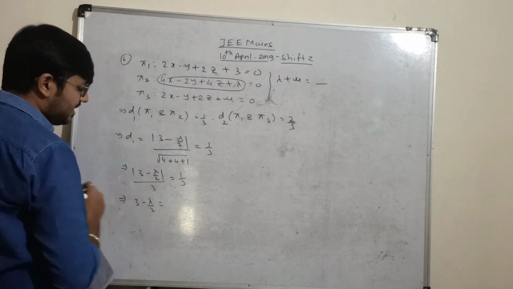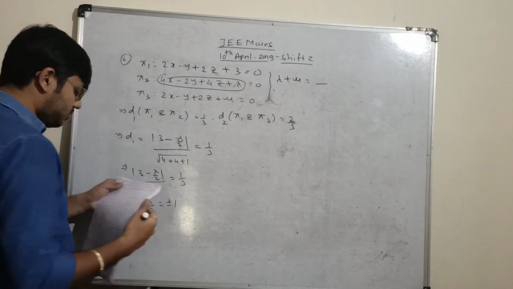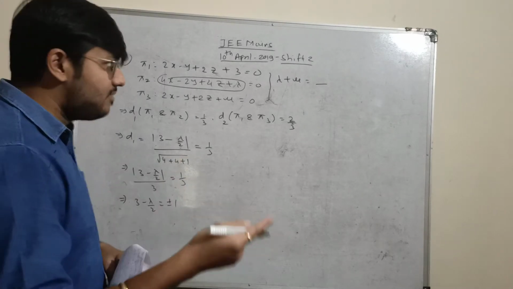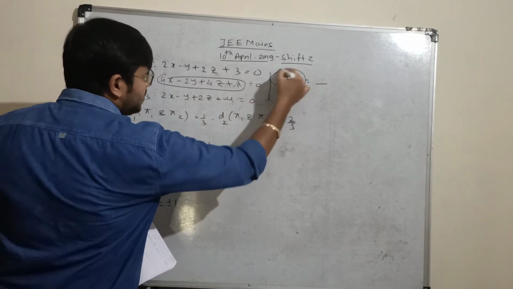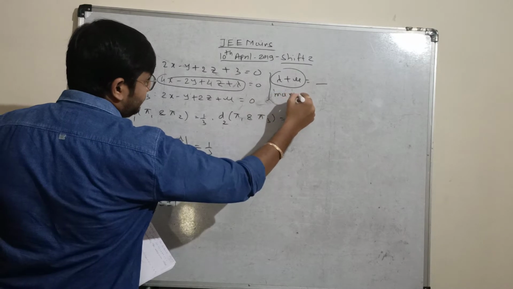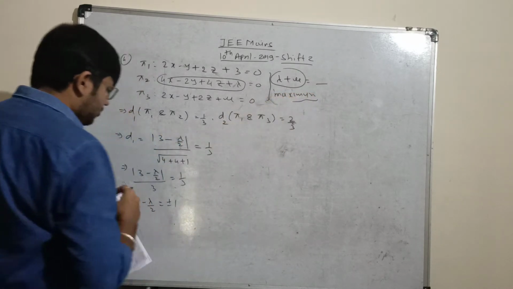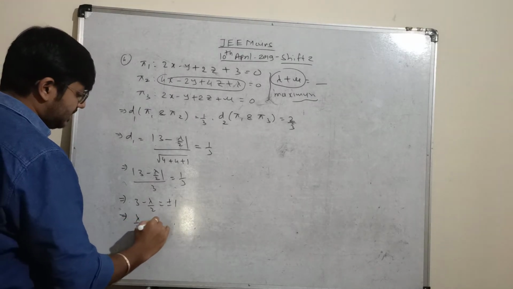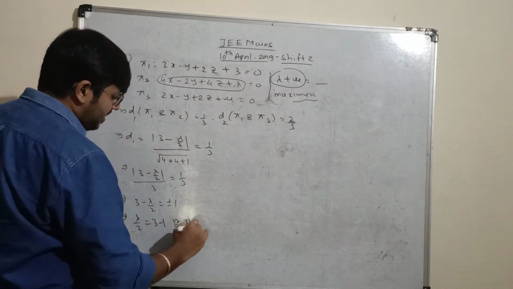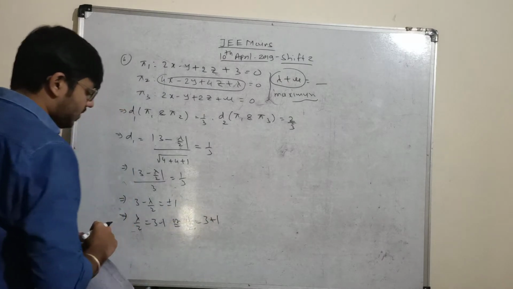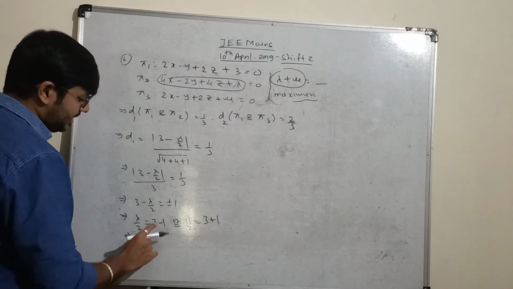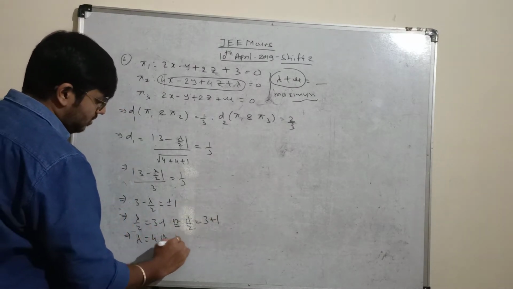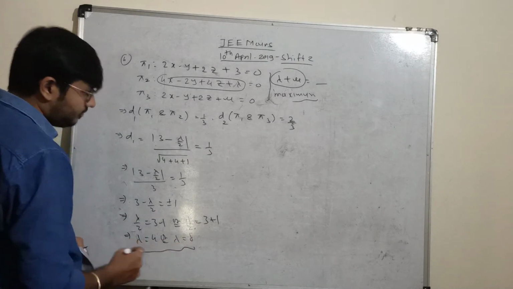So 3 minus lambda by 2 equals plus or minus 1. We have to find the maximum value of lambda plus mu. Sorry, this must be maximum. So from this we can have lambda by 2 as either 3 minus 1 or lambda by 2 as 3 plus 1. So we'll get lambda as 4 or lambda as 8.